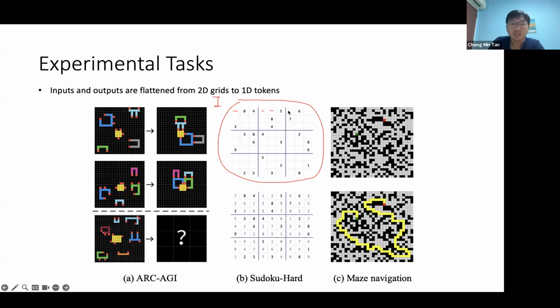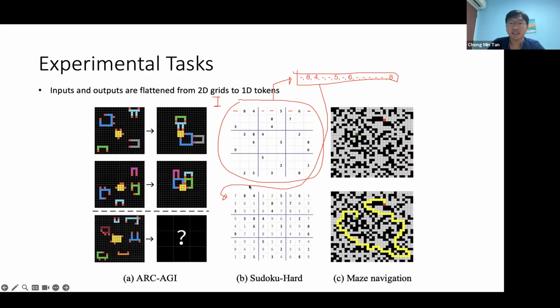So you flatten this into a series of tokens like 8, 4, dash, dash, and then you do some processing whereby you convert them into token embeddings and so on. After that, you output the entire grid all in one go.